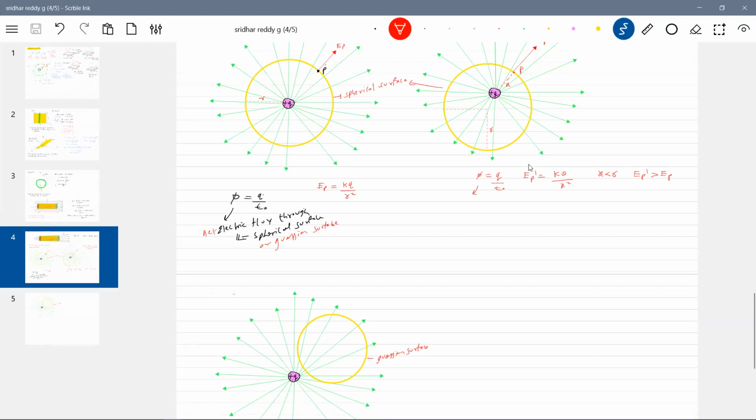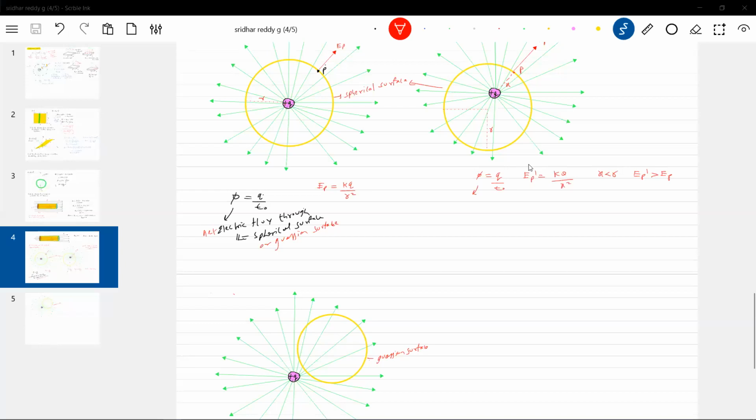Anybody, can you answer? In the third case, flux is 0.